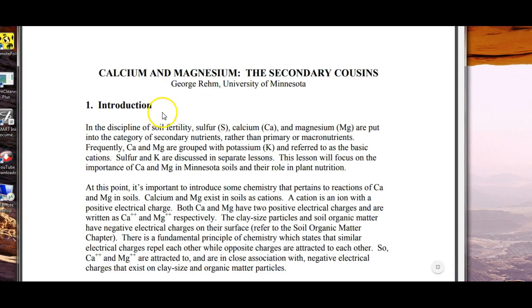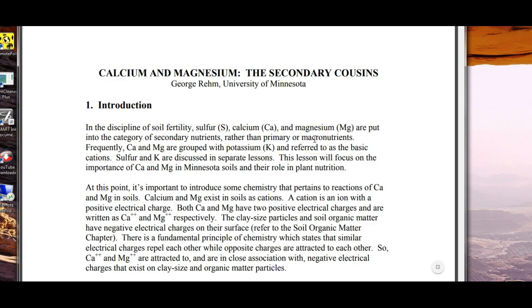Okay. So as we look at this, it is written by Dr. George Rehm at the University of Minnesota, and we're still going to be talking about calcium and magnesium. Sulfur is usually grouped in with those secondary macronutrients because they're secondary nutrients.